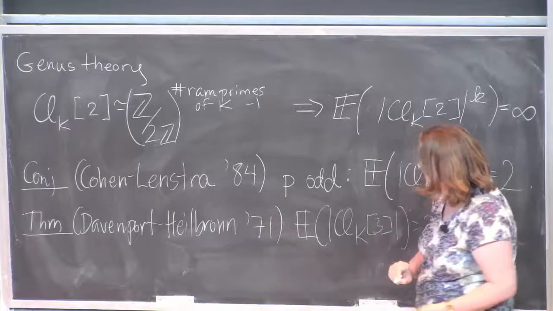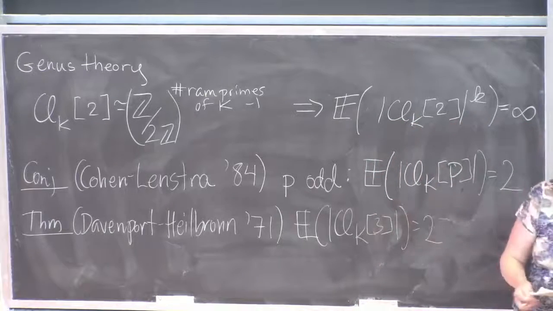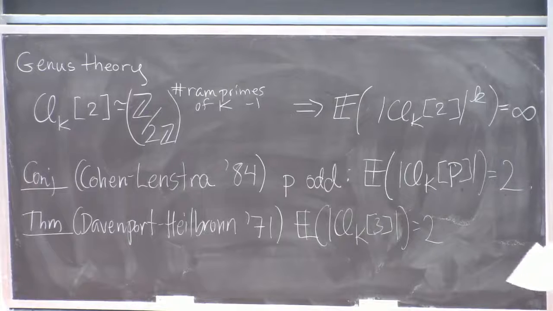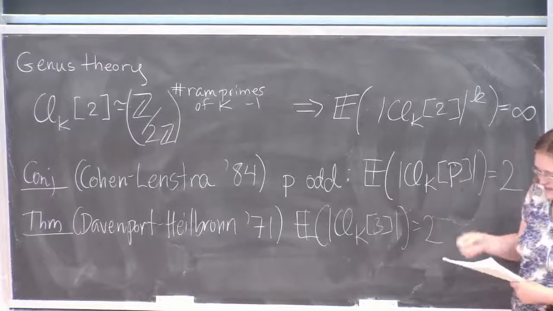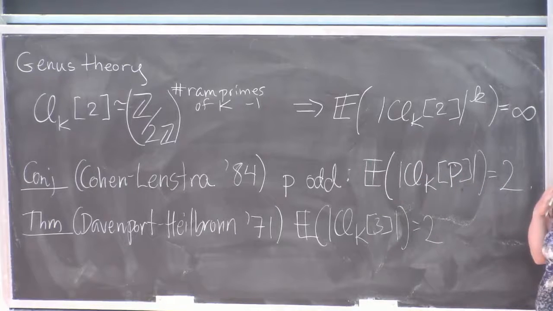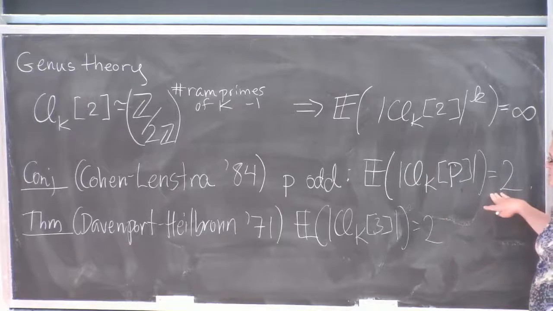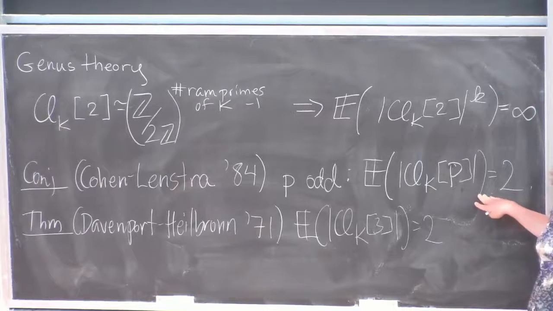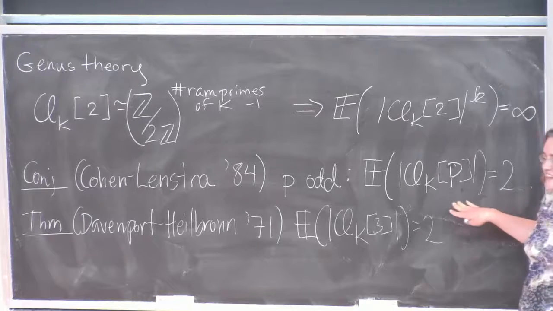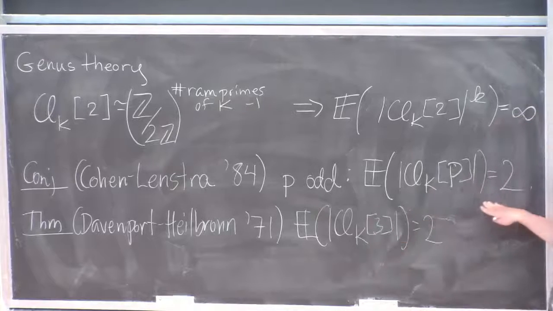But we don't know this for any other p, and we don't know any other moments as I've written them here. But we expect this is true. There's a lot of good evidence. I believe this. There's a lot of things in this field where we aren't sure what to believe, but you should believe this conjecture here.